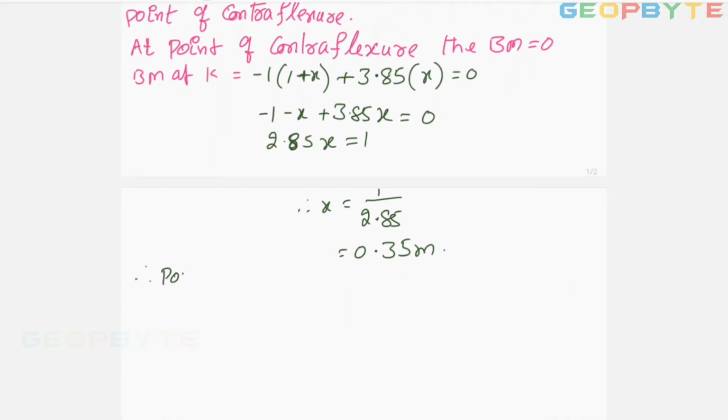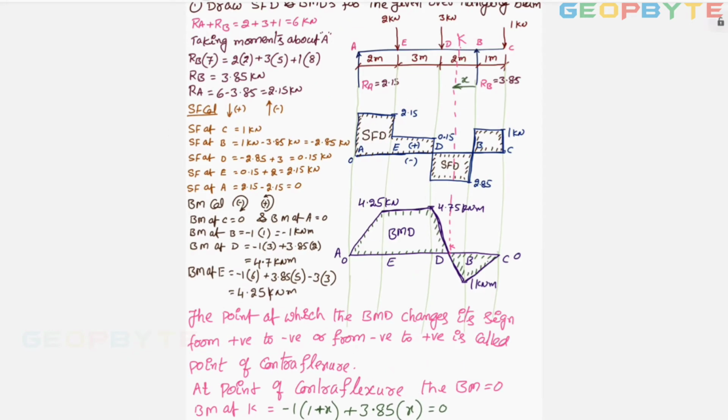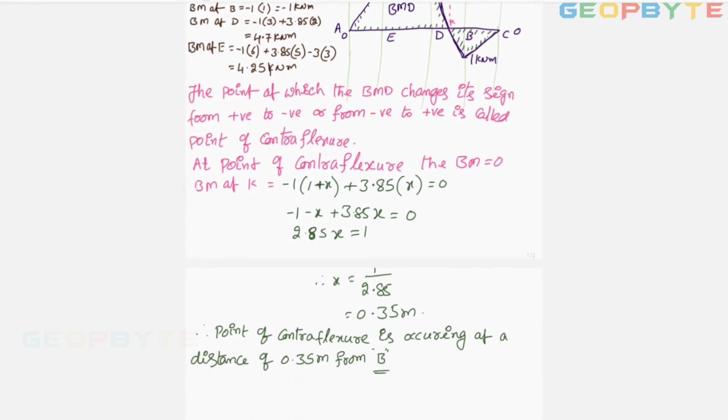Therefore the point of contraflexure is occurring at a distance of 0.35 meters from B. Point of contraflexure is occurring at a distance of x, and that x is found as 0.35 meters.